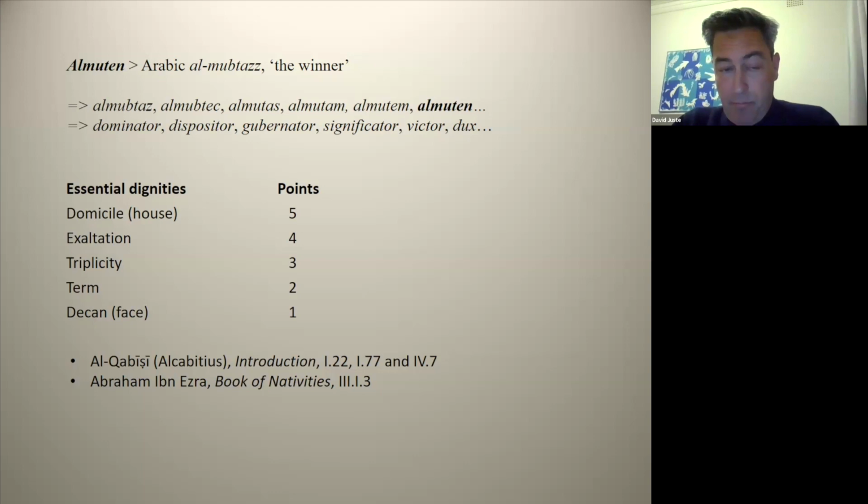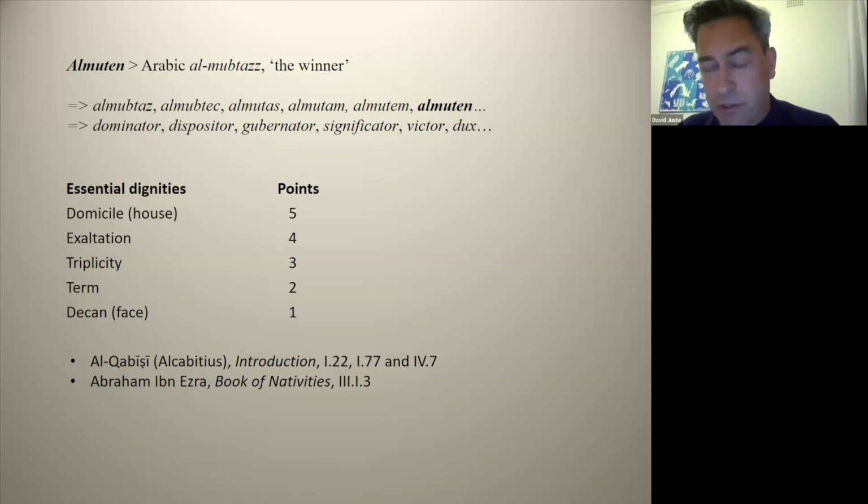Ptolemy uses a system based on essential dignities just like this one. But there are two main differences between Ptolemy and the medieval Latin system. First, Ptolemy does not use the decans. Actually, he never uses the decans in the Tetrabiblos. So this is not counted. And the second difference is that Ptolemy does not use this sort of weighted system from 1 to 5.